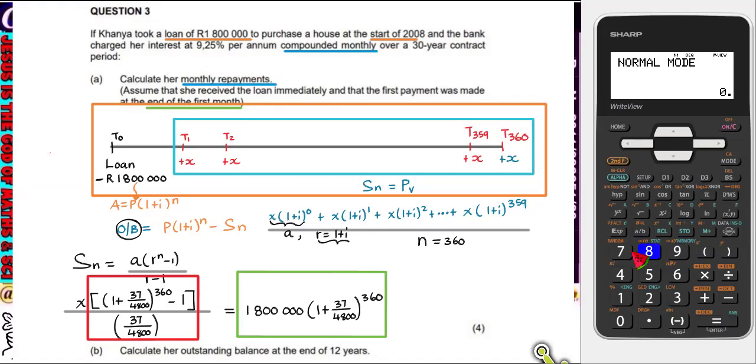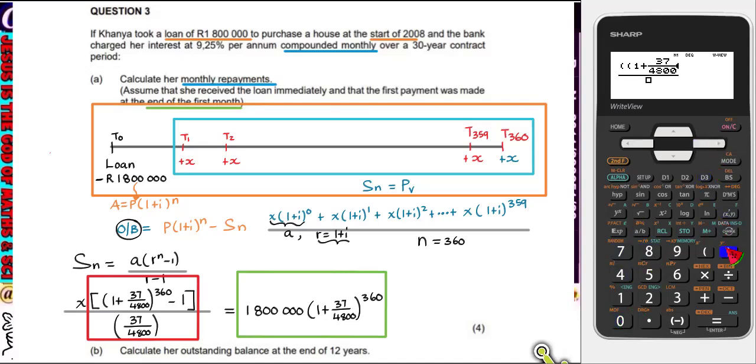Then the red one, I'm going to do that one. So I don't need the X, but I'm going to have to open bracket, then 1 plus 37 all over 4,800.